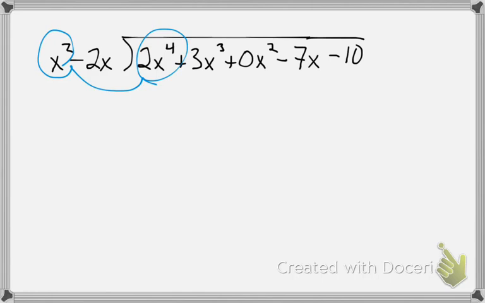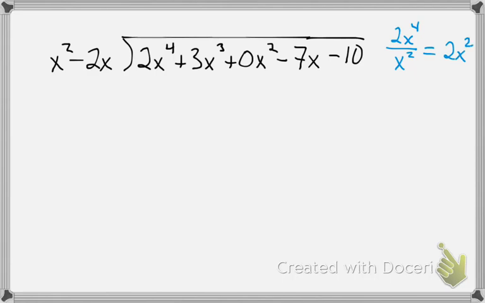If you're not comfortable yet, what do I write on the side to figure that out? 2x to the fourth over x squared. You guys agree? She spoke very gently, but she was correct. And what is 2x to the fourth over x squared? 2x squared is the answer.